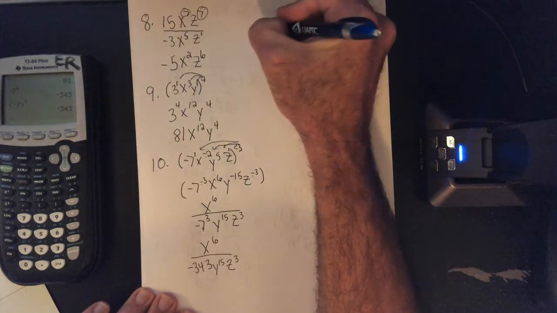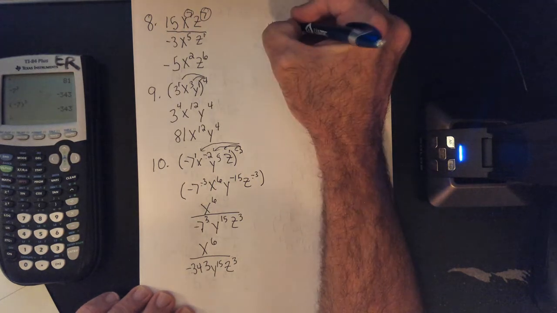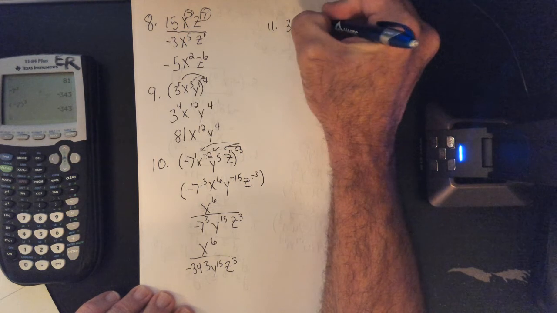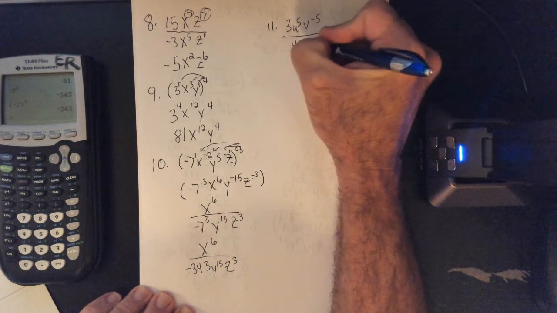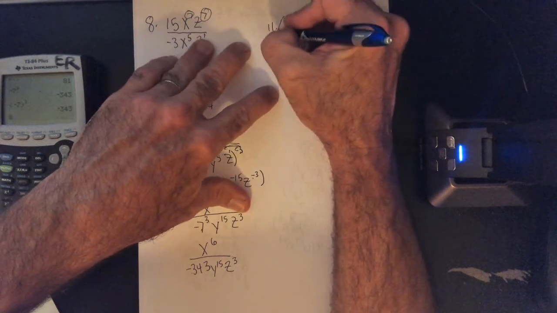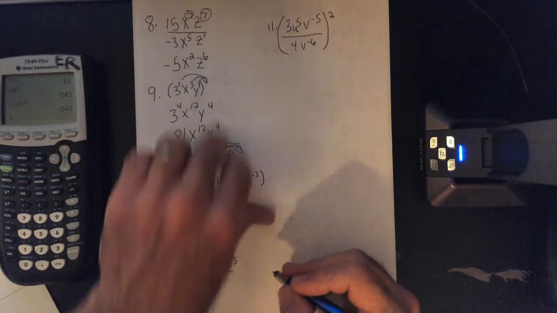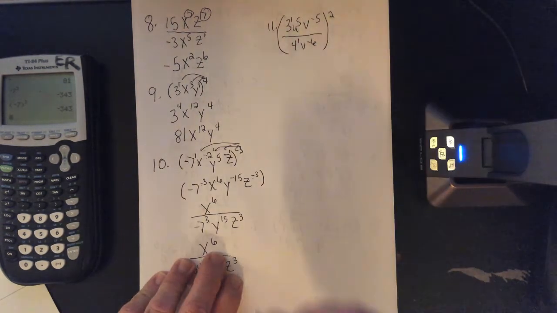Alright, so let me bring up number 11 up here. Ooh, this one's a big one. 3u to the 5th, v to the negative 5th, over 4v to the negative 6th. And all of this is raised to the second power. So the 3 doesn't have a 1 by it, and the 4 doesn't have an exponent.